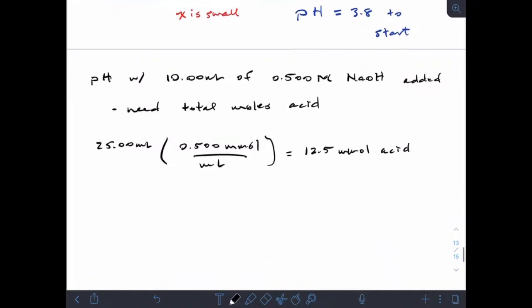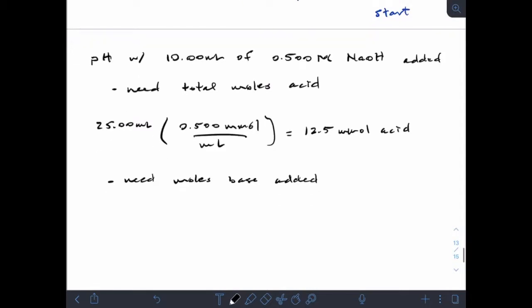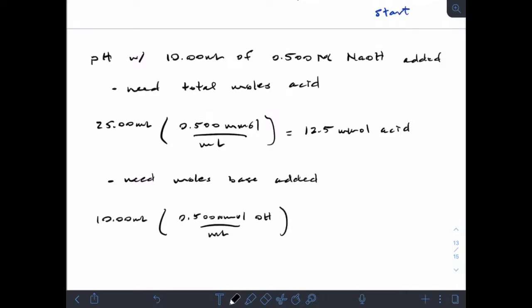I also need moles of base added. And we've added 10 milliliters of 0.5 molar NaOH. Should be millimoles. So I've got 5 millimoles of base added.